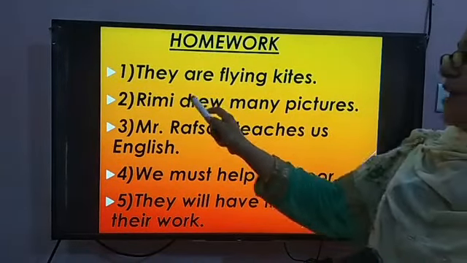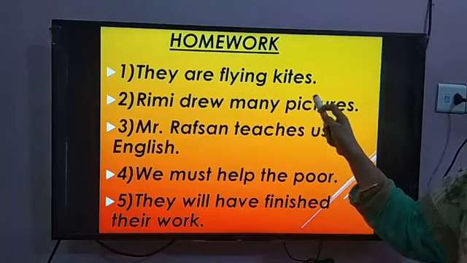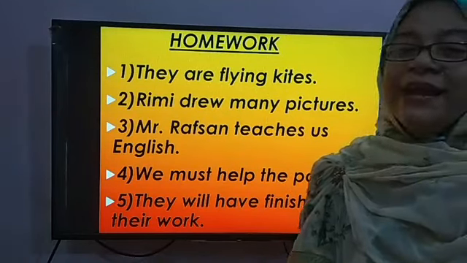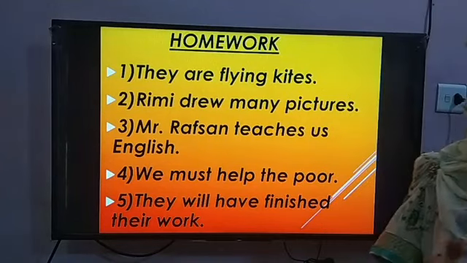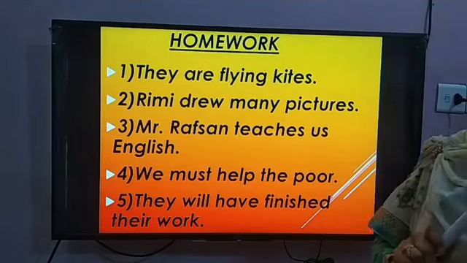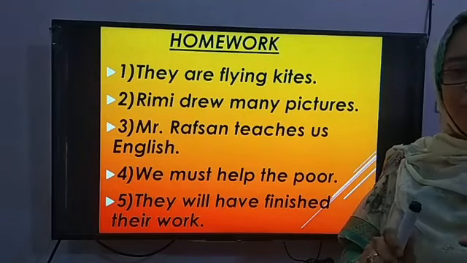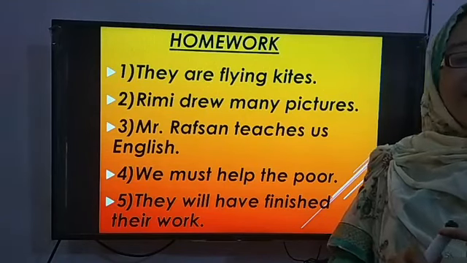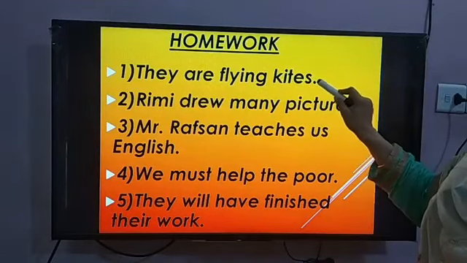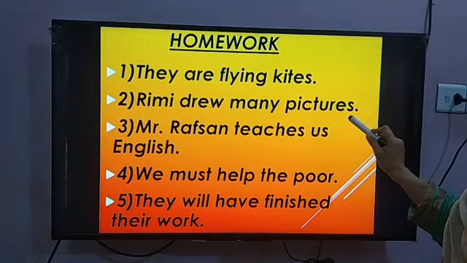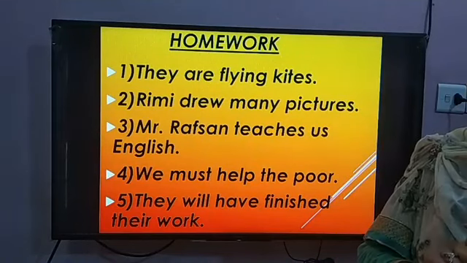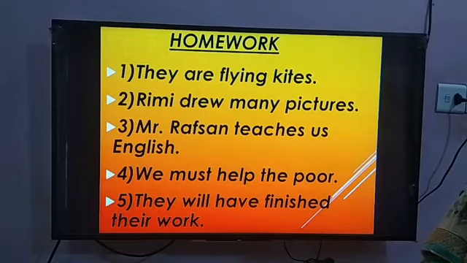Homework. The first one, they are flying kites. If you find active voice, you have to turn it into passive. But if you find passive form, you have to turn it into active. This is the quiz for you. At first you have to find out whether it is active voice or passive voice, and then you have to change. Okay? Can you?